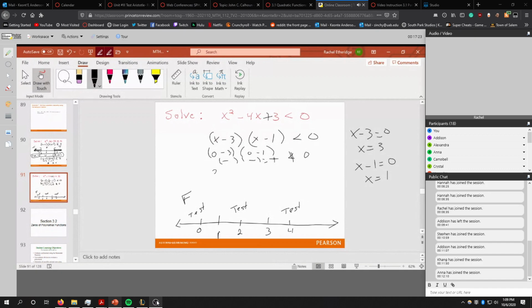Now if I test 2, I get -1 here, and I get 1 here. Negative times positive is negative. It is less than 0. So I get true here in this interval.